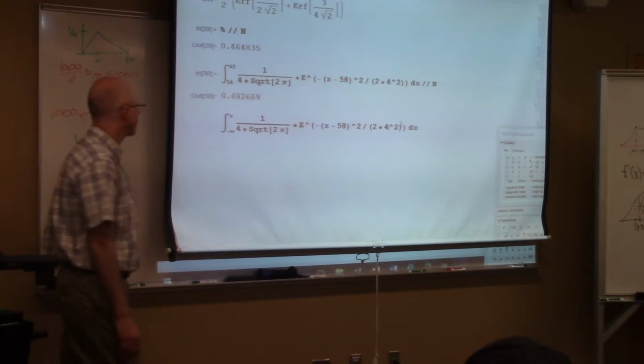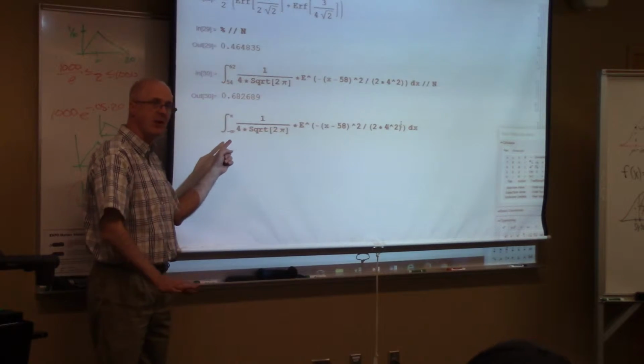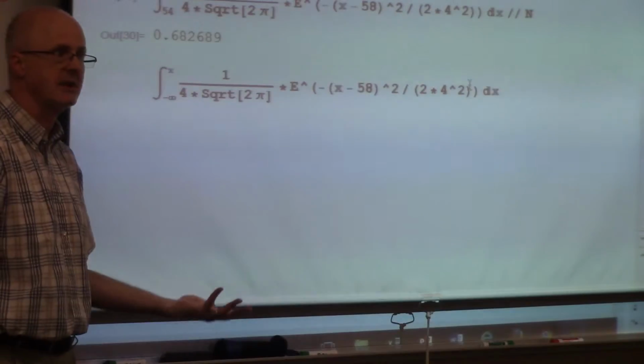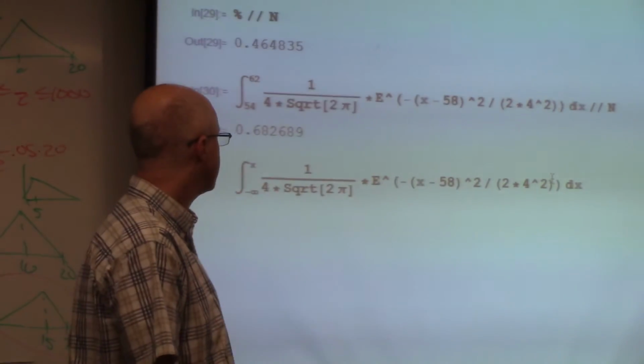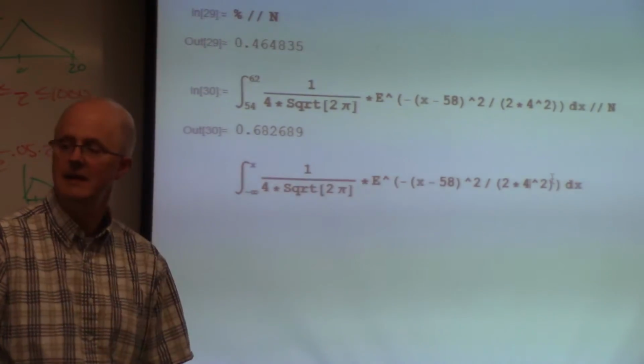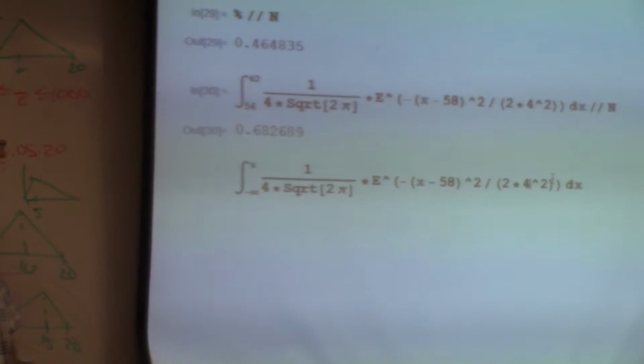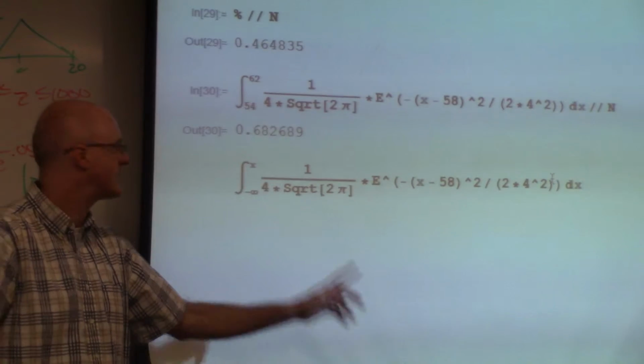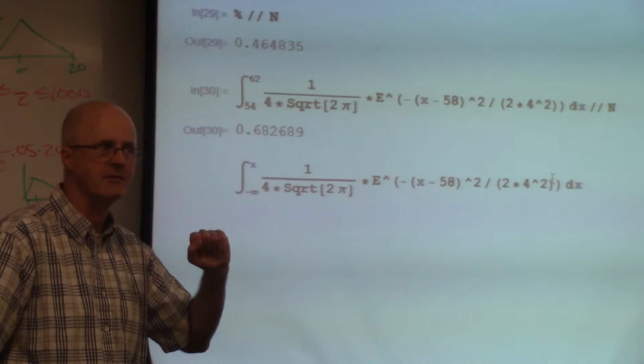As an integral, you could write it like that. Integral from not 0, but minus infinity up to x. This is going to be an antiderivative of the given PDF. It will be the CDF. Since any value is possible for x in the formula, that's why you have to go to minus infinity for the lower limit of integration.